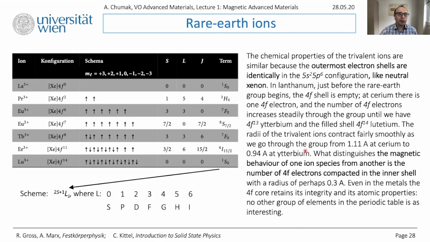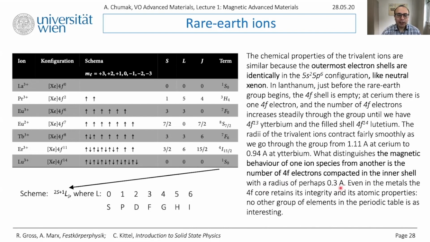So you jump from one element to another and these shells are the same. Chemical properties and crystallographic structure and so on are defined mainly by this shell. The magnetic response, as opposed to that, is given by the 4f electrons, which are sitting in the inner shell, with a radius of, for example, 0.3 angstrom.